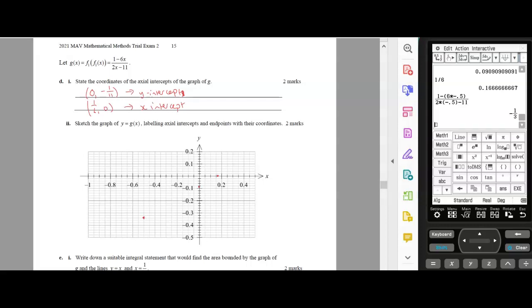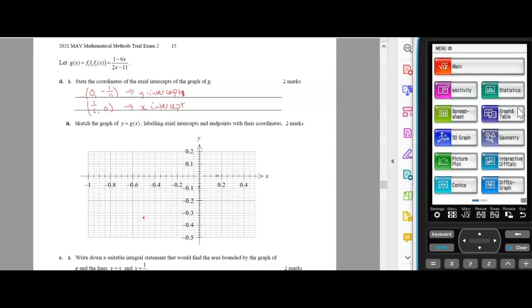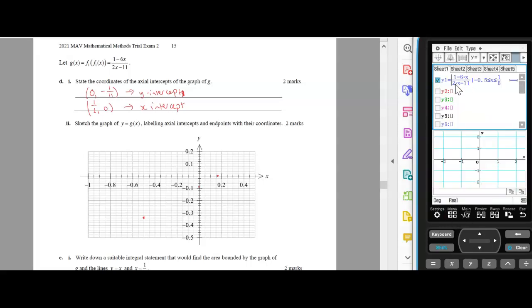All right, so your shape of your graph, we could go back to our graph to see it. All right, so there it is. Let's zoom in again. Okay, a very small part of the actual larger graph.